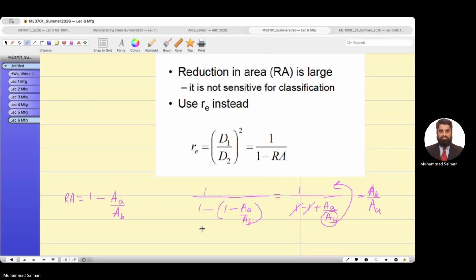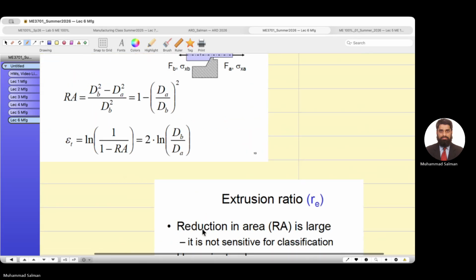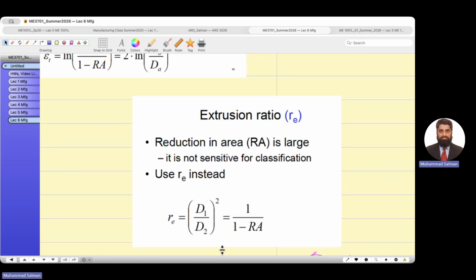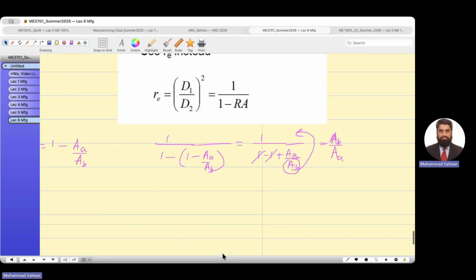Agreed? So what is area? Pi by 4 d square. So I can write here pi by 4 dB square over dA square, and this is cancelled.